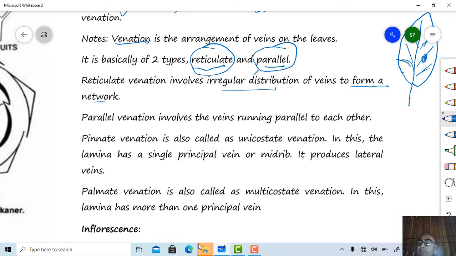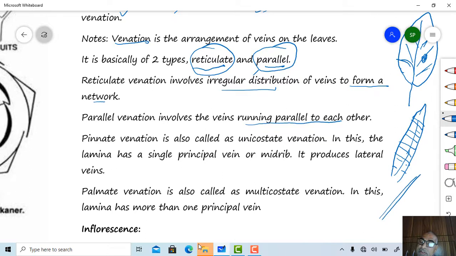While in case of parallel type of venation, as you observe in case of the grasses or cereal plants, it will show the veins running parallel to each other. Either such a type of veins will be present there which are running parallel, or such a type of venation pattern will be present.